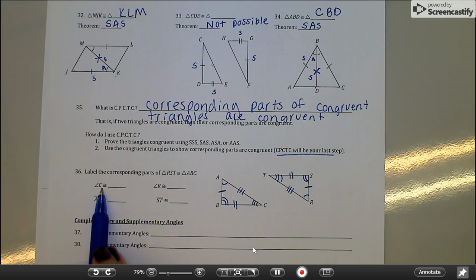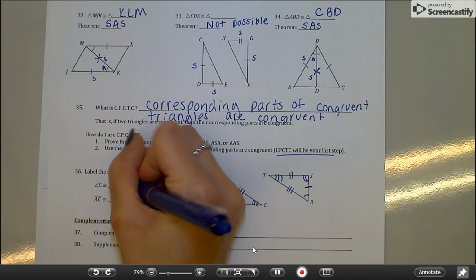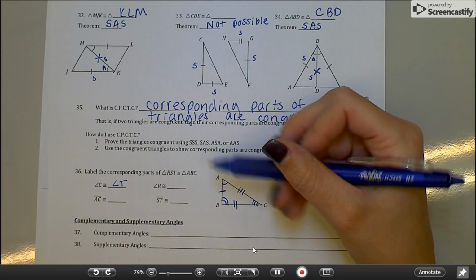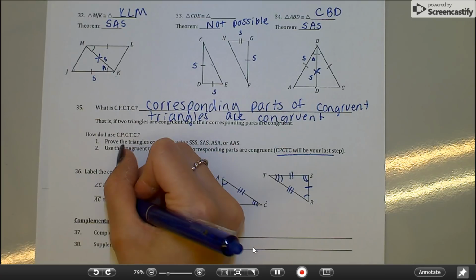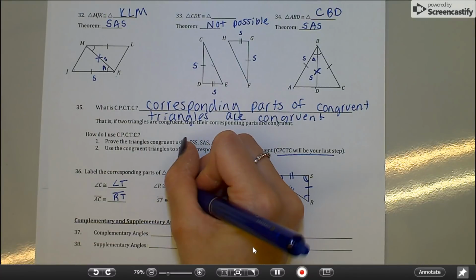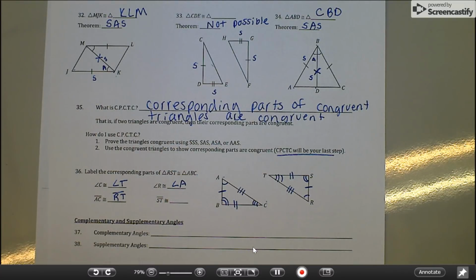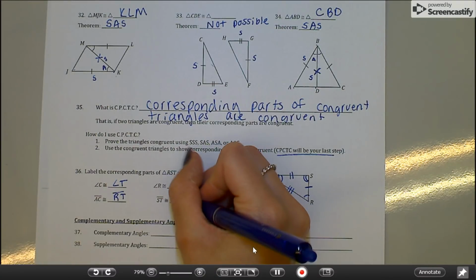So now angle C, we know goes with angle T. Segment AC would go with RT. Angle R with angle A. And ST would go with BC.